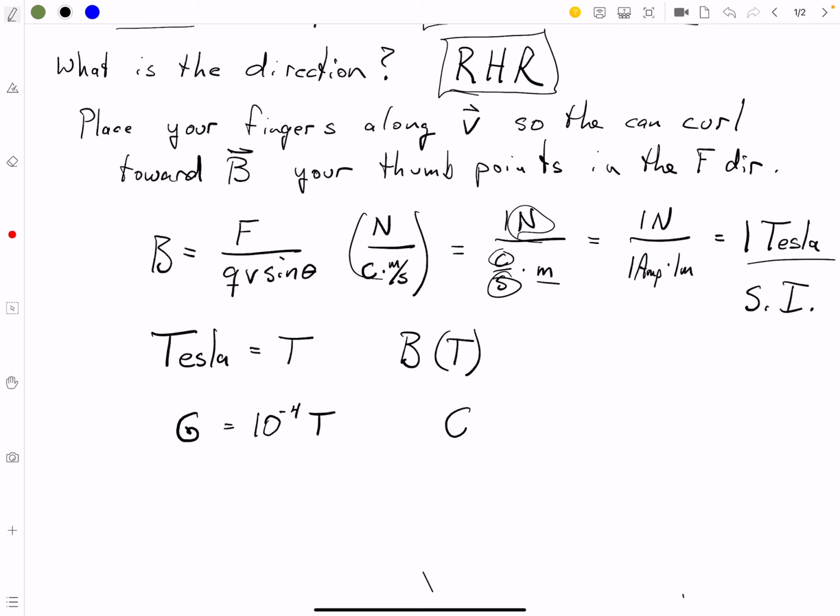G equals Gauss. On the surface of Earth, we've got a B field, so B of Earth is about 5 times 10 to the minus 5 Tesla. If you write that in terms of Gauss, that is 0.5 Gauss.